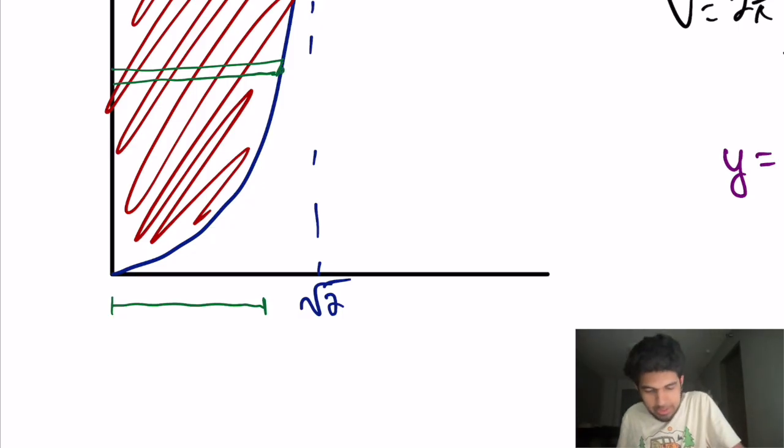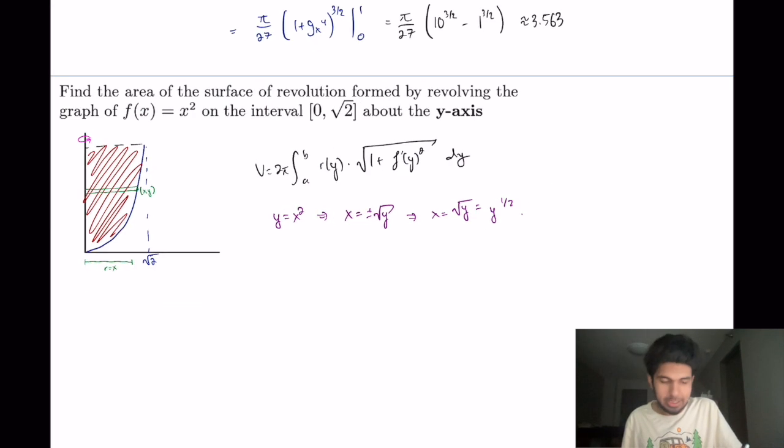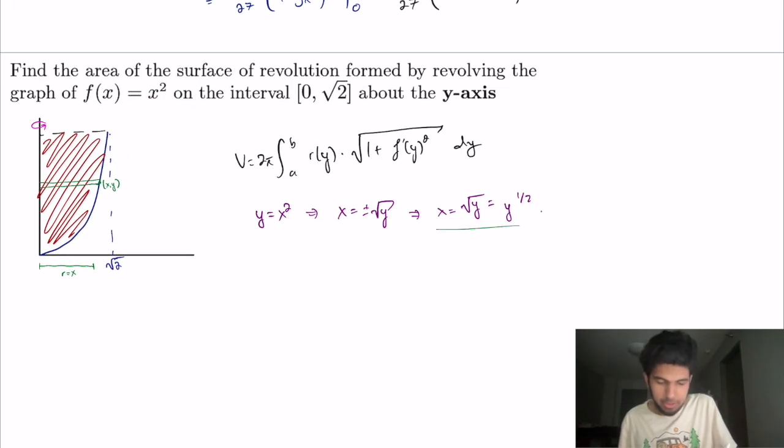So if this point here is x comma y, given a value of y, we can obtain our radius by looking at the x-coordinate. The radius equals x. So given a value of y, we can obtain the value of x. For that, we can use the equation x equals the square root of y. So that means r of y is going to be equal to the square root of y.